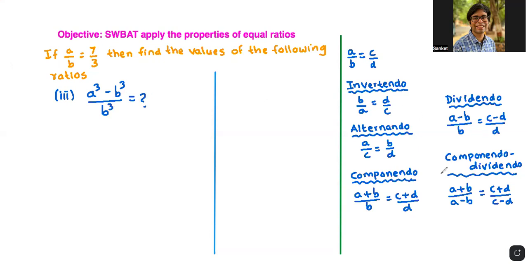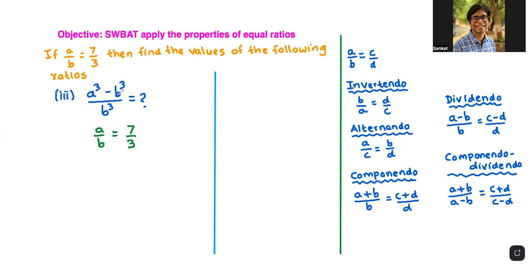I can take a look at the operations on equal ratios, and I can guess that dividendo must have been applied over here because I can see a subtraction in the numerator. So I'm going to start with my equal ratios. A upon B is equal to 7 upon 3.